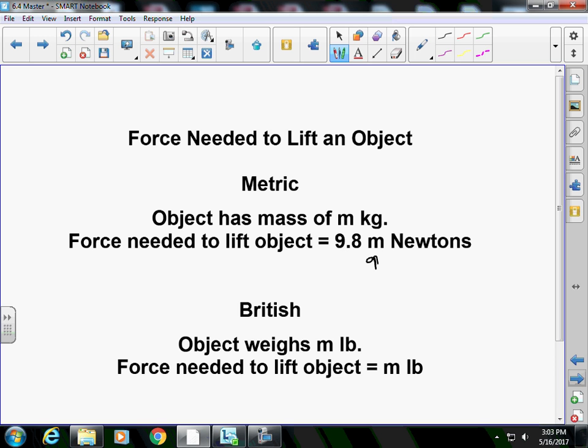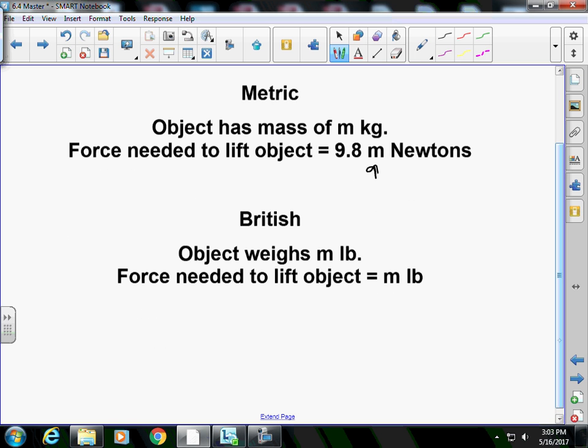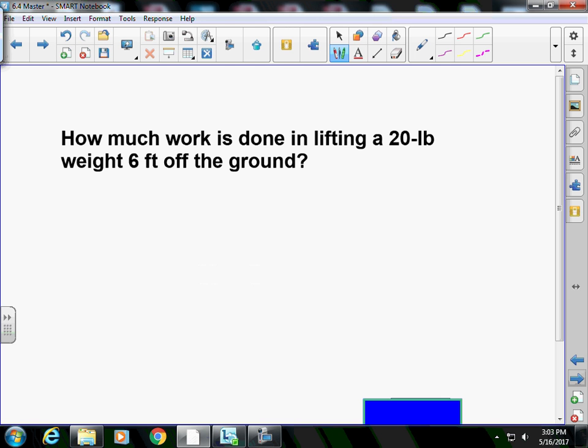When we're looking at the British units, it's the object's weight, and the force needed to lift it is just that, the object's weight. We don't have to take into account gravity.